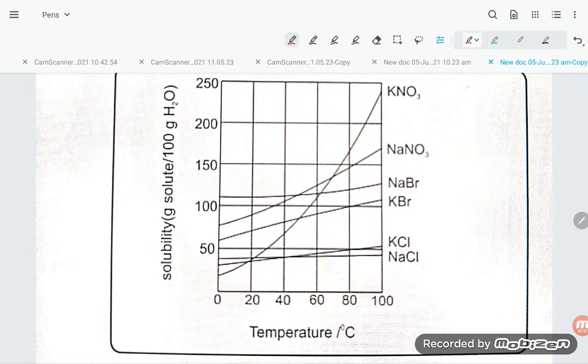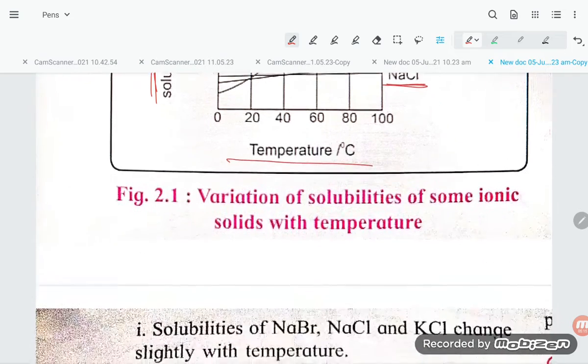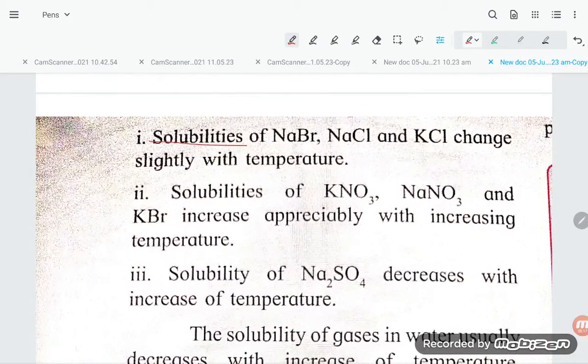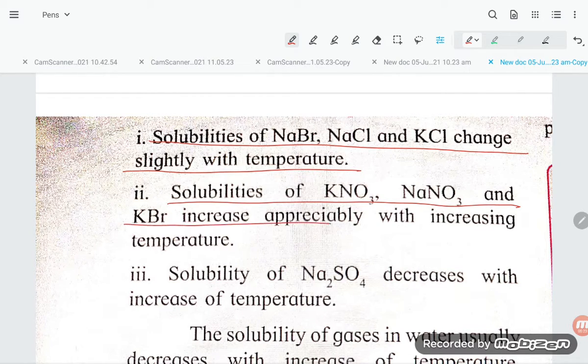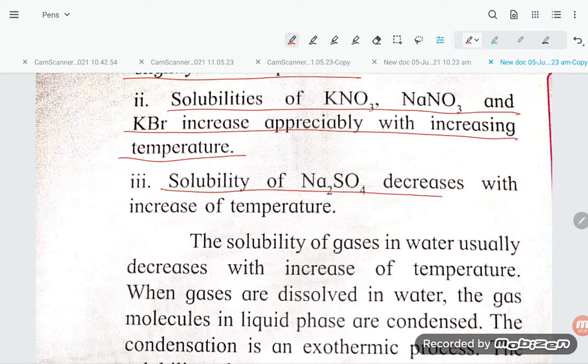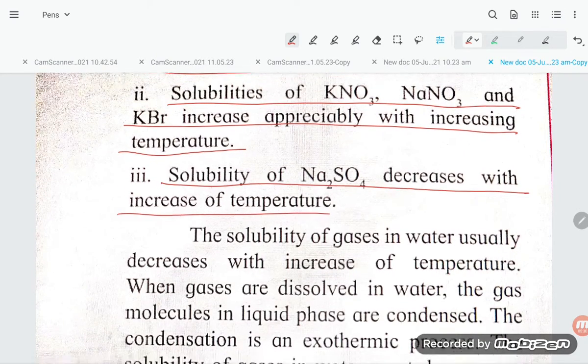See students, this is solubility and temperature: NaCl, KCl, KBr, KNO3 like that. Solubility of NaBr, NaCl, KCl changes slightly with temperature. Solubility of KNO3 and KBr increases appreciably with temperature. Solubility of Na2SO4 decreases with increase in temperature.